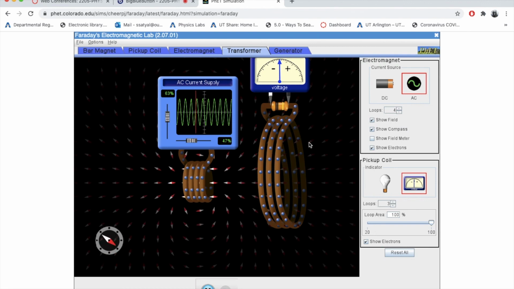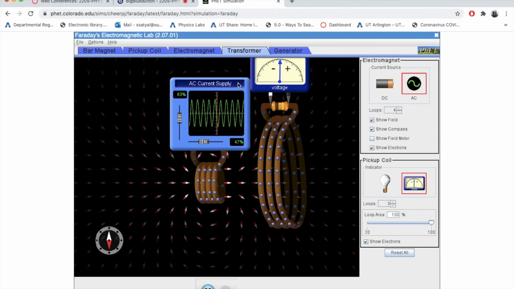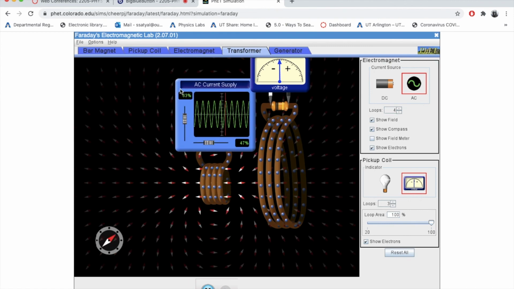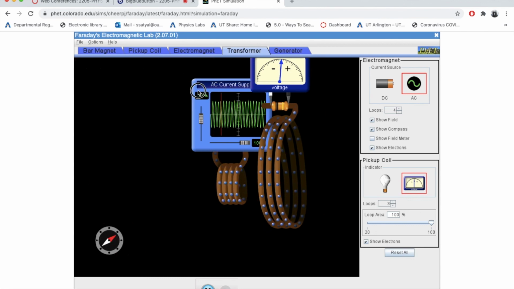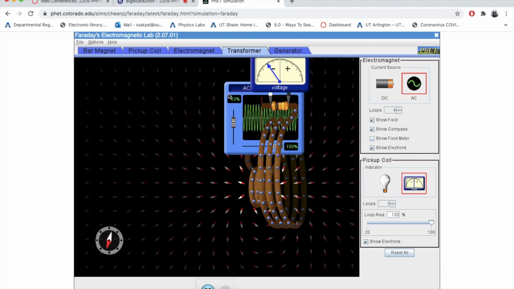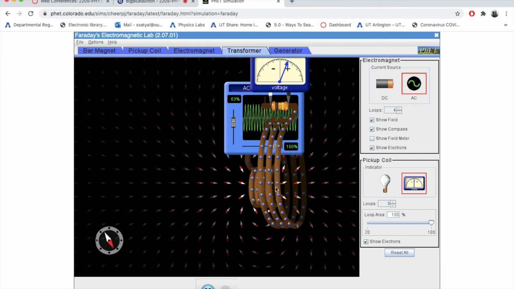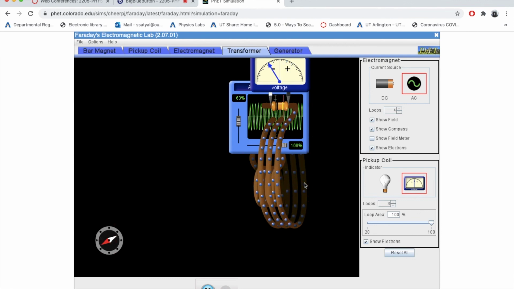Here I can have a compass instead, producing a very small amount of voltage, hardly readable. As I decrease the distance, my voltage increases because the magnetic field strength is directly related to the distance. You decrease the distance, your magnetic field increases.